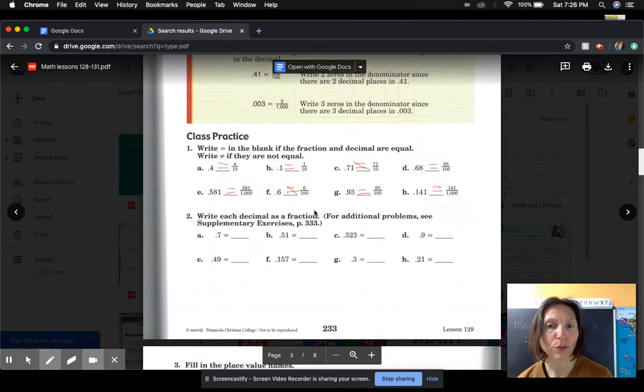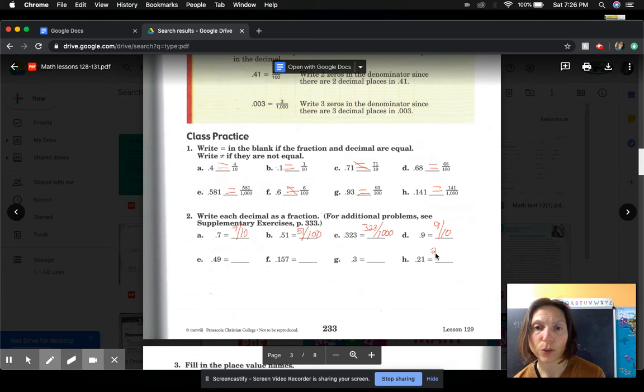Write each decimal as a fraction. So now this is 7/10ths. This is 51 hundredths. This is 323 thousandths. D is 9/10ths.